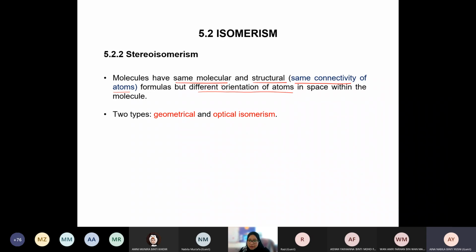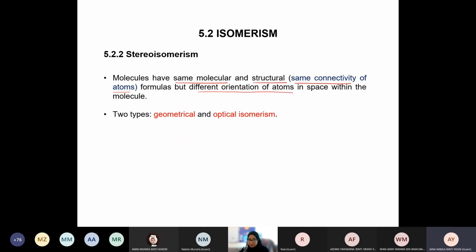So basically, the chemical formula and also the structural formula are the same, but they only differ in terms of the orientation of the atoms in space, how they are rotating. But the atom attachment, the connectivity and all that, are all the same.